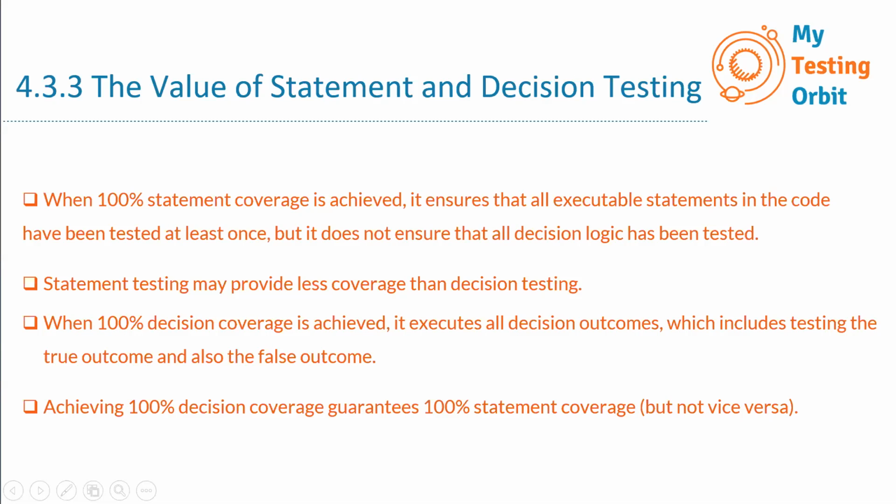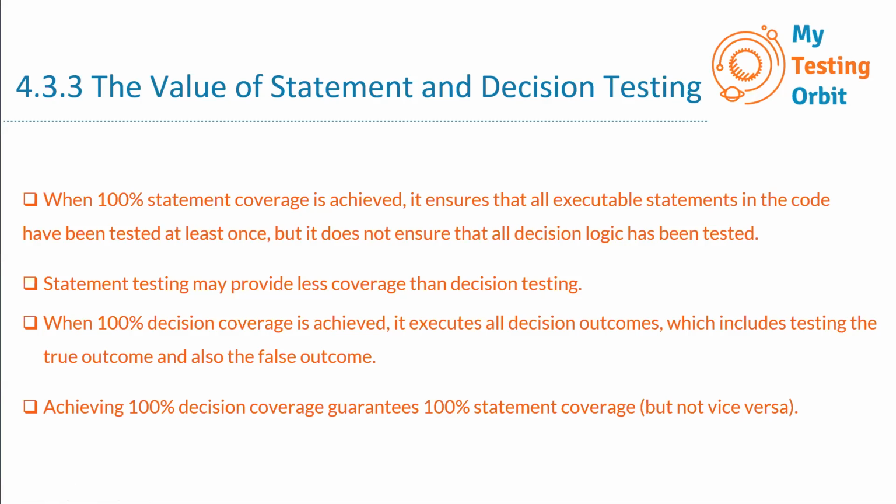So if we have 100% decision coverage, we can claim that it has also covered 100% statement coverage. But we can't do it the other way around. We can't say that 100% statement coverage also guarantees 100% decision coverage. No, that's not correct.